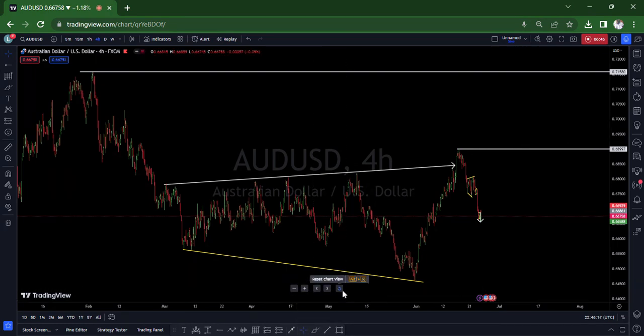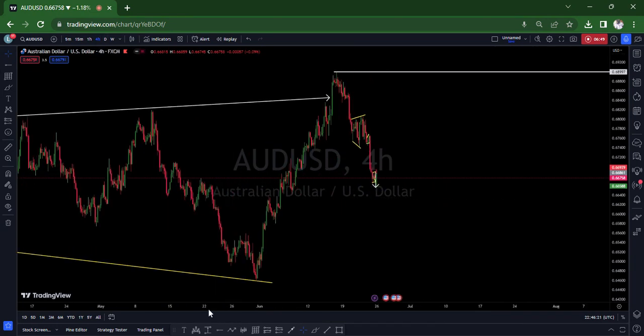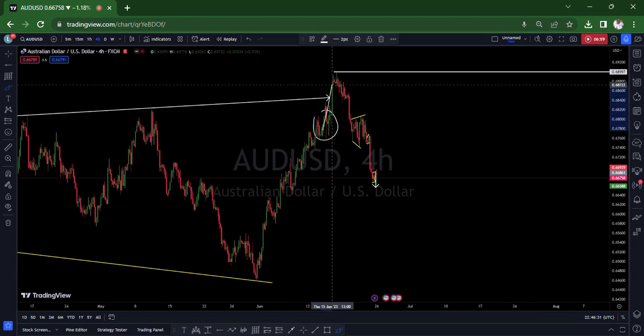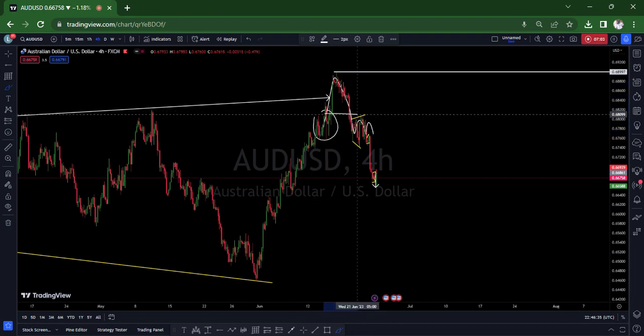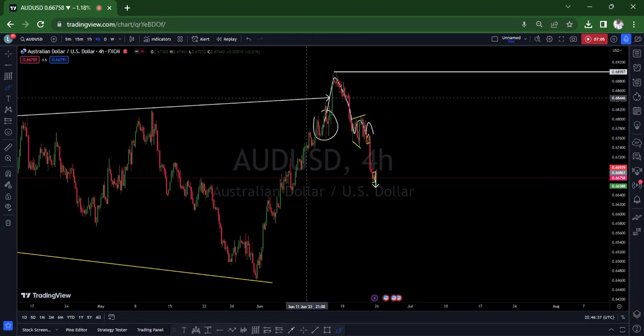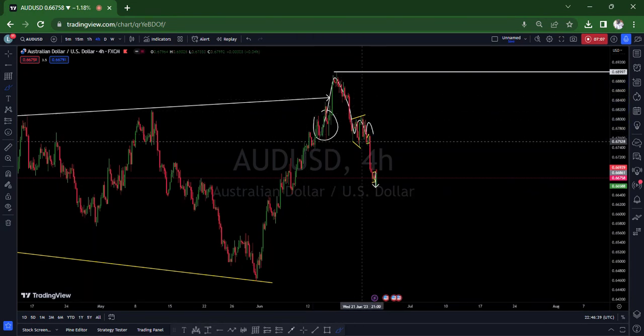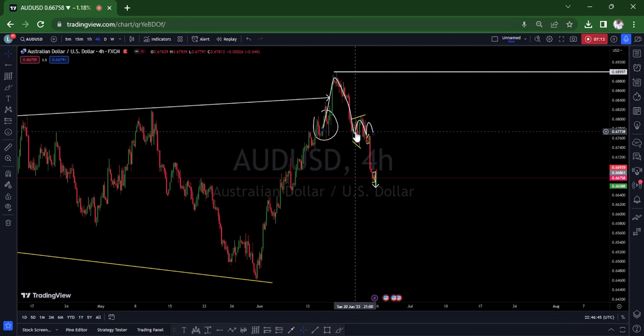So it changed to an opposite trend, and as well you can see this kind of pattern. That's a head and shoulders pattern here, and you can vividly see it on the 4 hour.